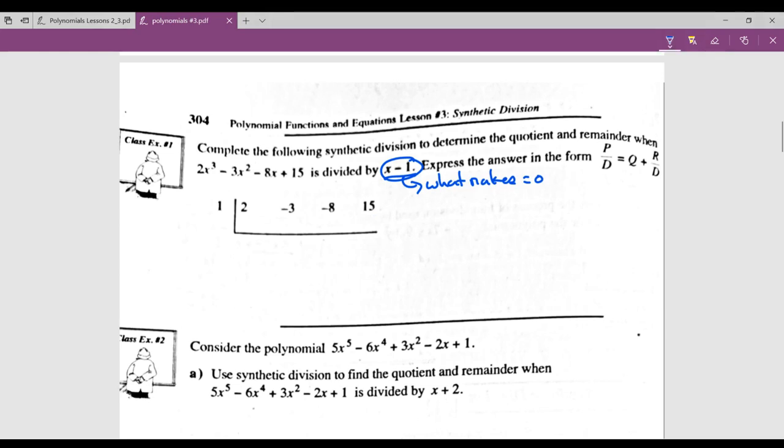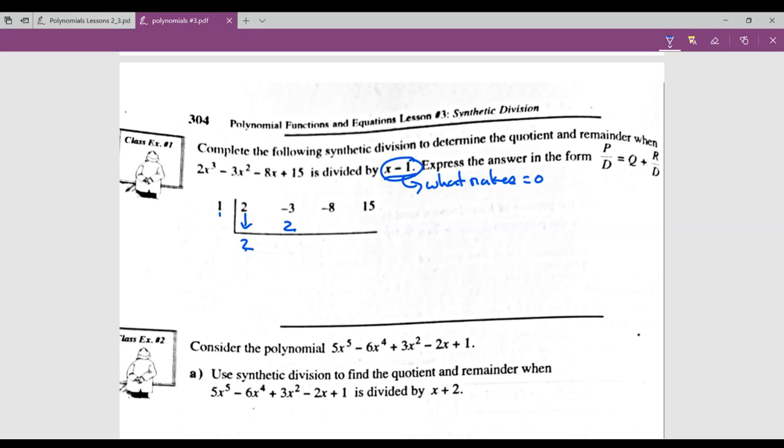All right, so now we do this. First term, just bring it down. You don't do anything. Then you multiply. So we go 1 times 2 is 2, and that goes right below the next number. Again, in synthetic division, you're always adding.